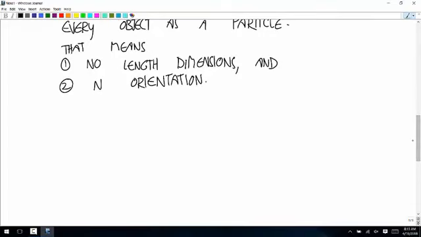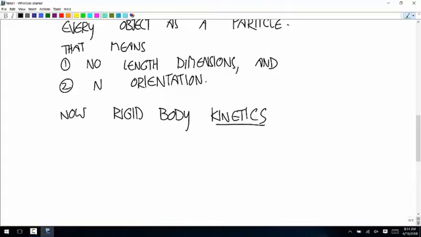And so now we're going to talk about rigid body kinetics. So now we are going to be able to differentiate between different parts of a body.